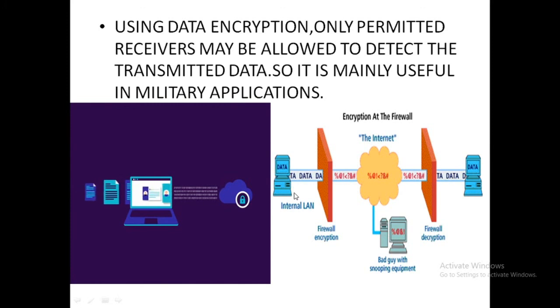Without knowing what type of technique is used, he cannot retrieve the data in the middle of the communication channel. Only the receiver knows what type of technique is used, and then only he can retrieve the data at the receiver.